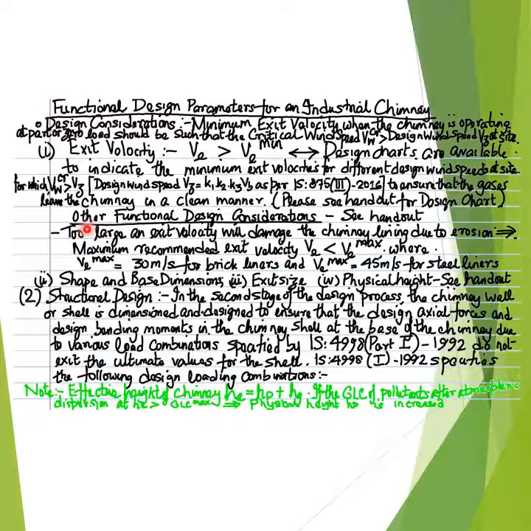As a result, based on the functional design consideration just stated, the maximum recommended exit velocity for industrial chimneys is limited to 30 meters per second in case of industrial chimneys with brick liners, whereas the maximum recommended exit velocity VE, V subscript E superscript max, is limited to 45 meters per second for industrial chimneys with steel liners.